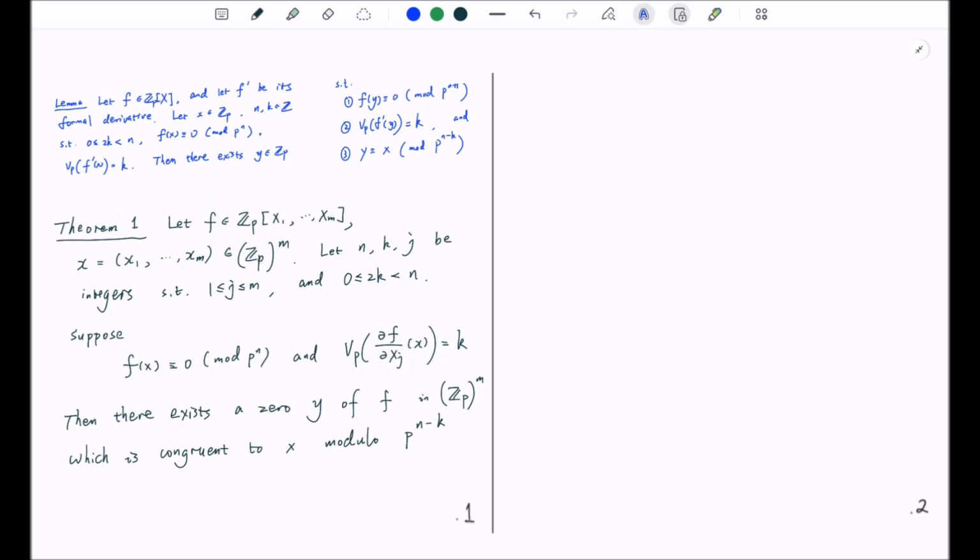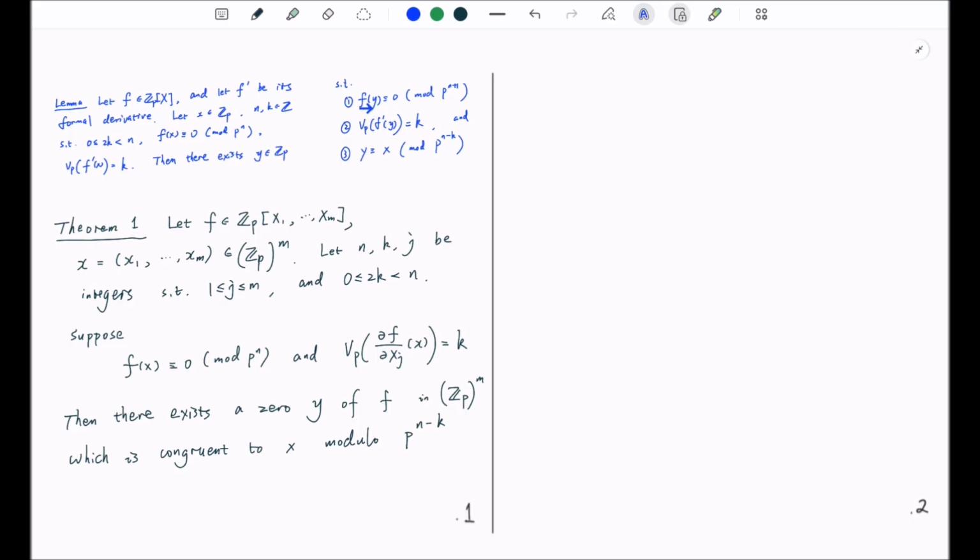The theorem can be viewed as a generalization of the previous lemma in two ways. First, it generalizes the previous lemma from one variable to m variables. And second, it provides the error analysis between the true solution, meaning this y, and the approximate solution, x.